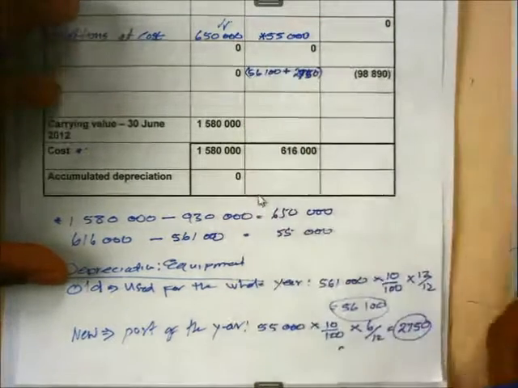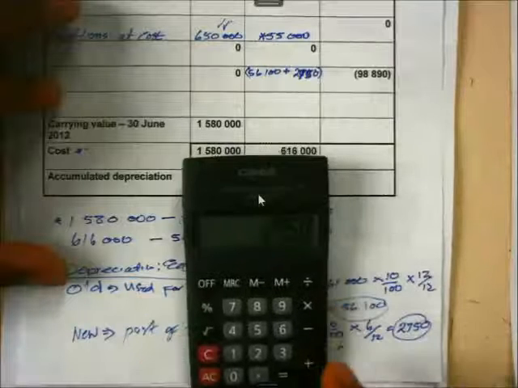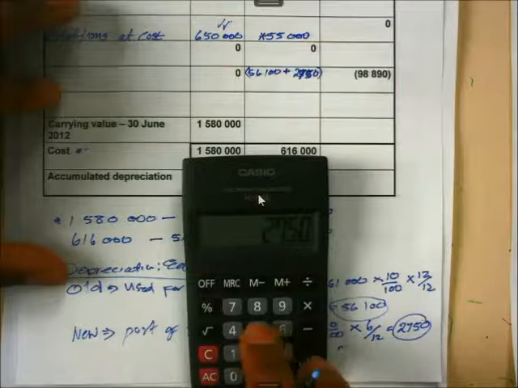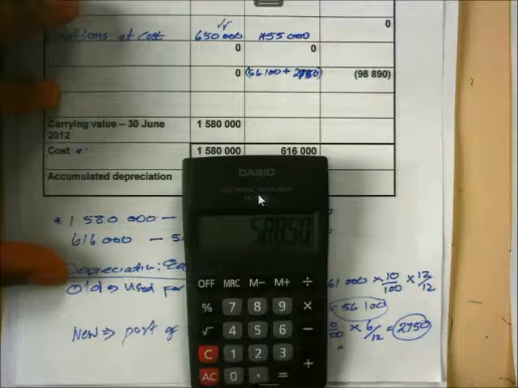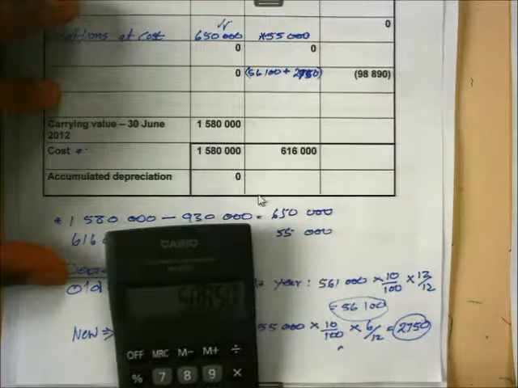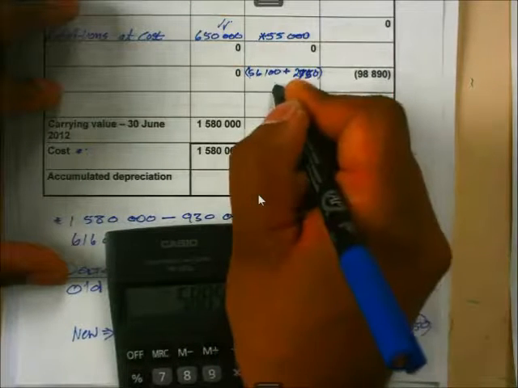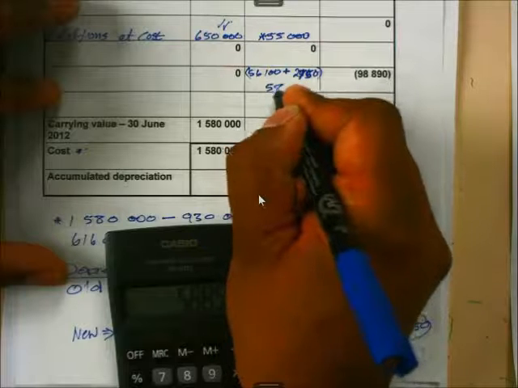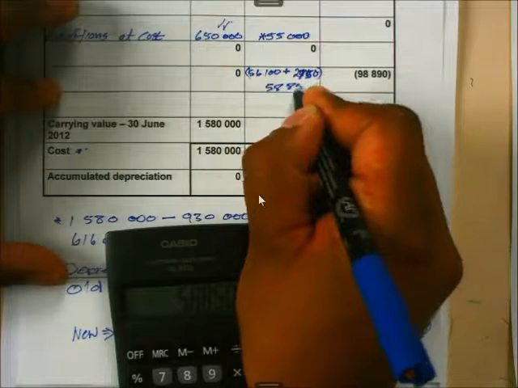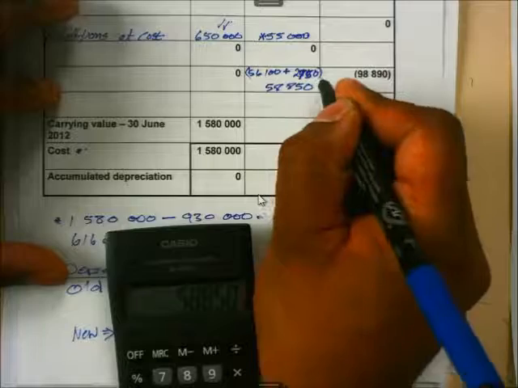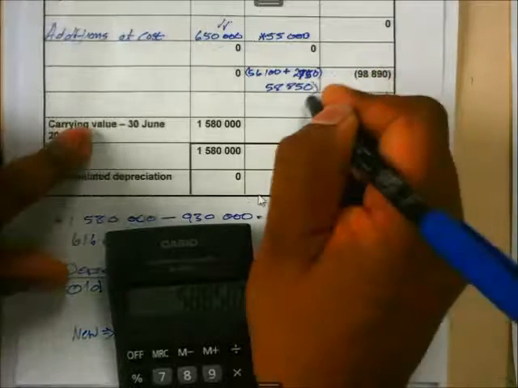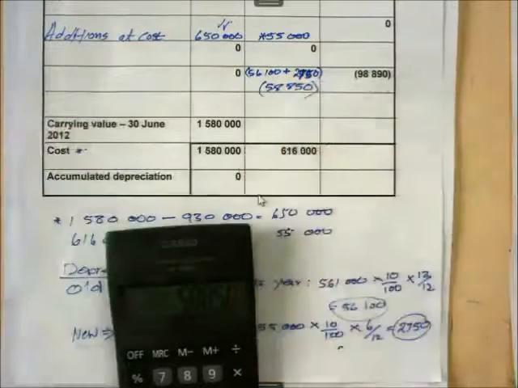Right. When you add the two amounts, 2,750 plus 56,100, they give you 58,850. This is the amount of the depreciation which must be subtracted.